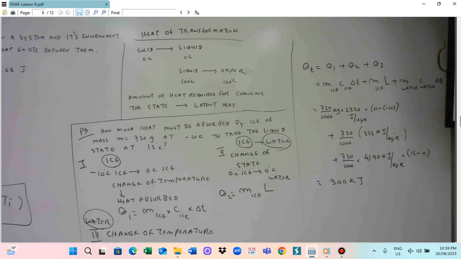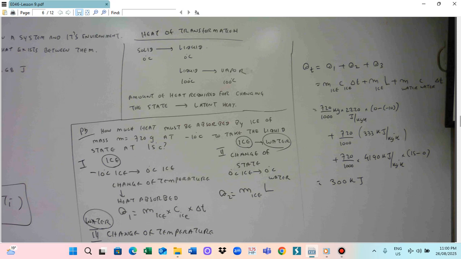And plus, again, the change of temperature. The first is the change of the temperature for the ice. Another one is ice to water, and that one will be water to water.